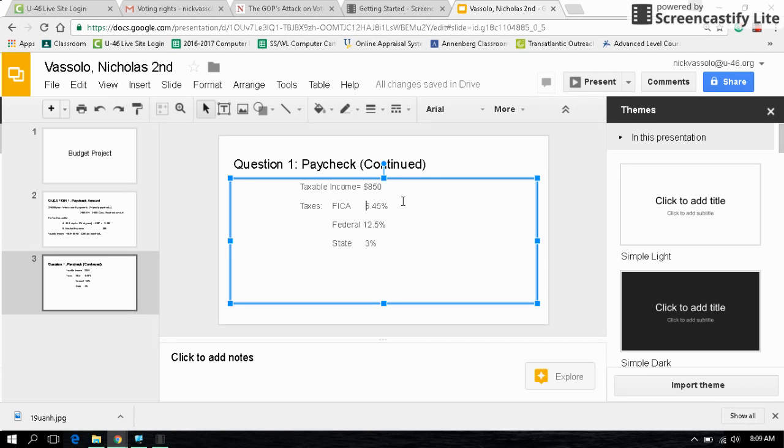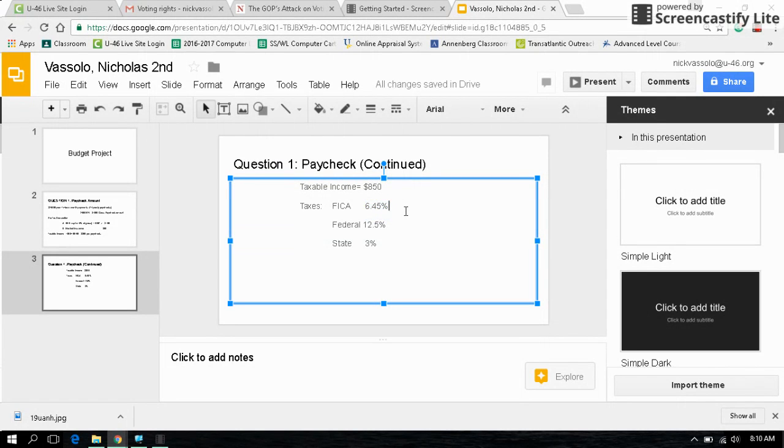Okay. And so the way that we find these amounts, you'll have to do calculations on your phone or on your computer. On your phone is probably easier. Thanks, Siri. But you're going to multiply these amounts together. So you want to take 6.45% of $850.